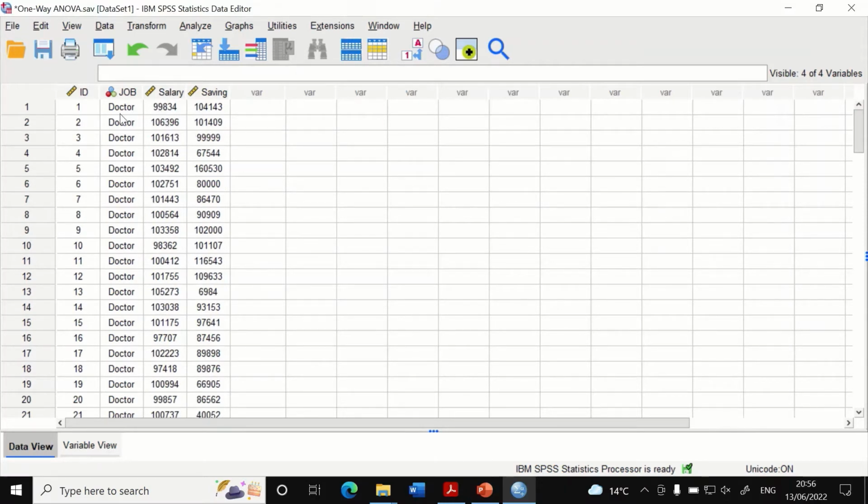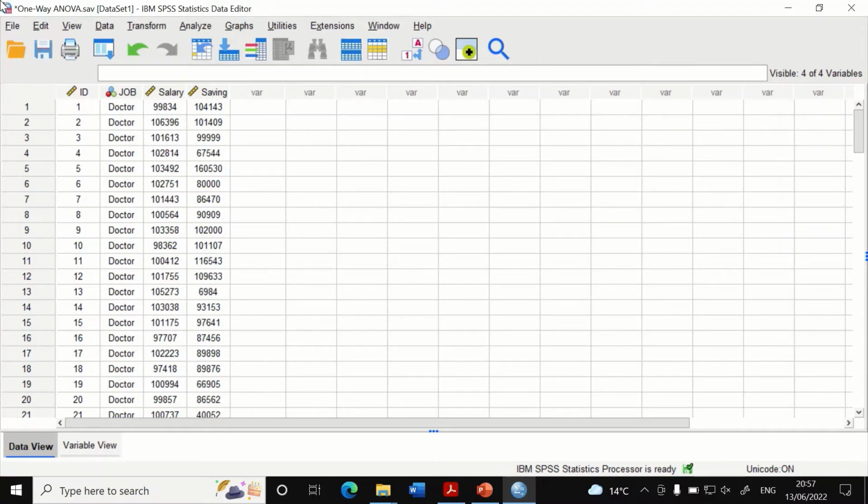So to compare between those individuals, the 4 groups, and to find whether there is a significant difference between the salaries, we're going to use ANOVA to do that. ANOVA in SPSS can be performed in 2 different ways.